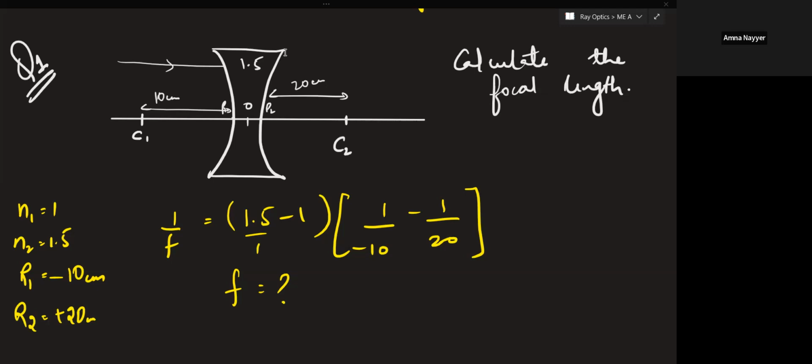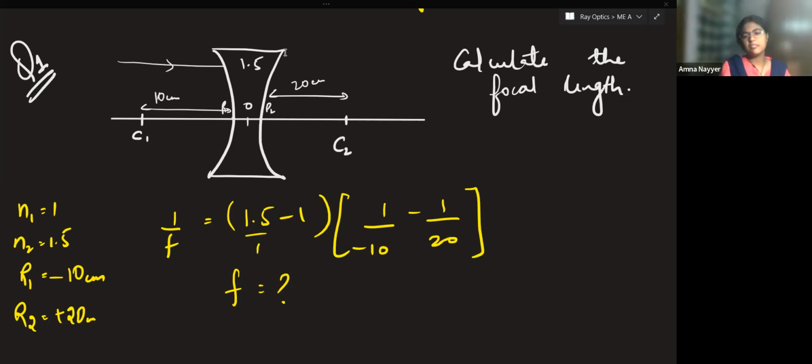Answer, how much it's coming? Minus 0.075 centimeters. I do not remember the answer for this. Please, somebody else also cross check. What's the answer coming? I think answer was minus 40 by 3 or minus 13.3 centimeters. Maybe. Just check.